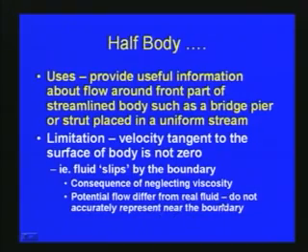So only near the boundary are these theories not valid, but beyond that we can definitely use this potential flow theory and the half body concept to find the streamlines or the flow surrounding a bridge pier or a strut placed in a uniform flow. We can use this concept of the half body. So that is about the half body.